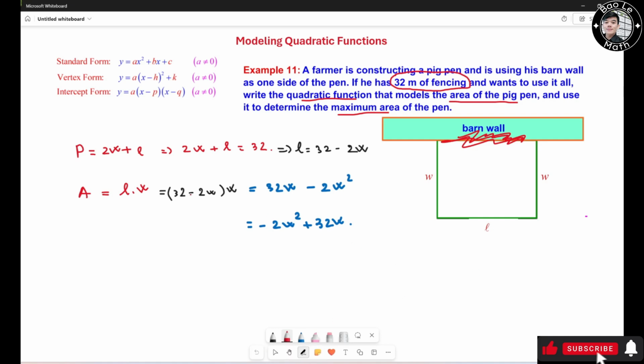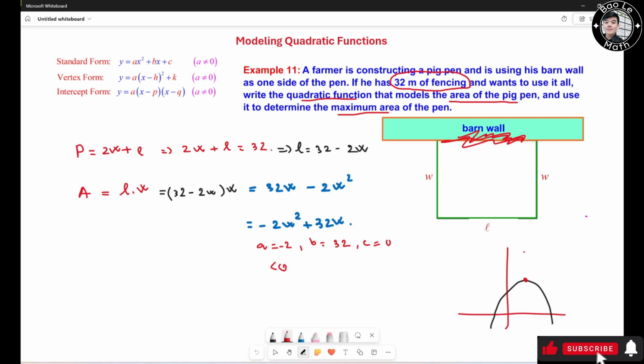I know that this is a quadratic function where a equals negative 2, b equals 32, and c equals 0. Because a equals negative 2, which is less than 0, the quadratic function opens downward, and the y value of the vertex is the maximum value.